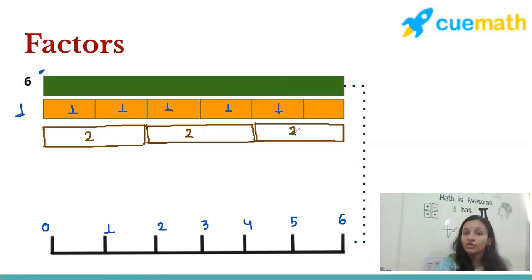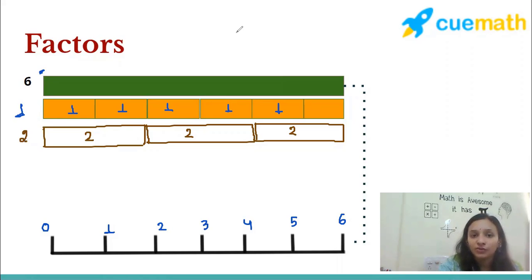So we can also divide the whole rod of 6 units into smaller blocks of 2 units. That would mean 2 is also a factor because it's completely fitting, not more, not less, in the same length of 6 units. So 2 is also a factor of 6.